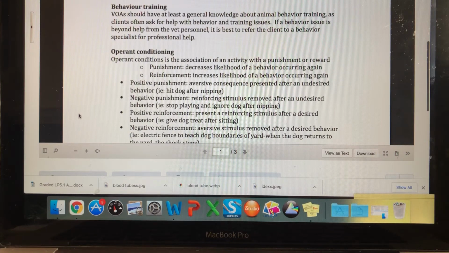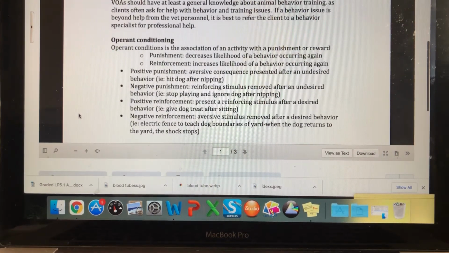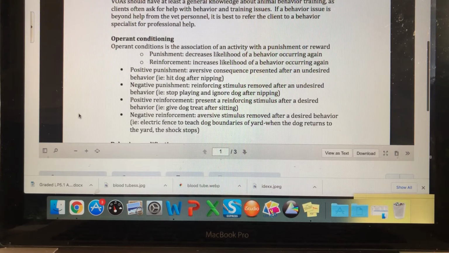So we have a couple different categories or types down here. Positive or negative, and then punishment and reinforcement are the terms used in these examples. When we talk about positive, we're introducing something, okay? So our first example is positive punishment. We're introducing a punishment after a behavior.